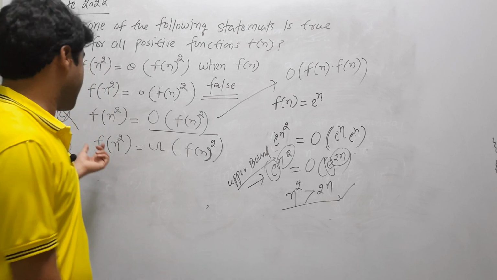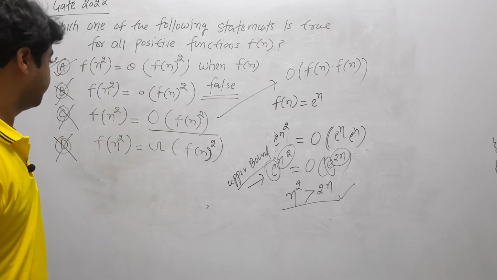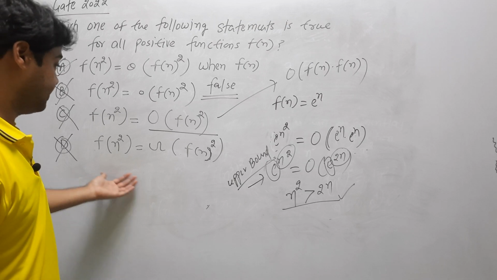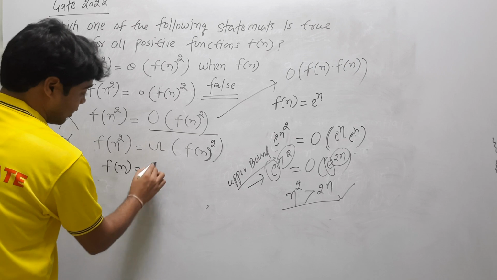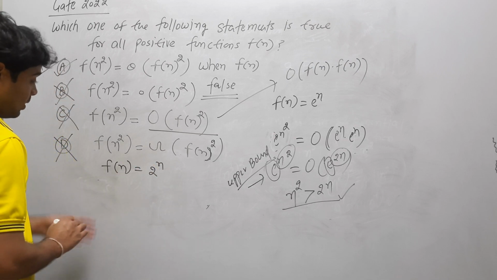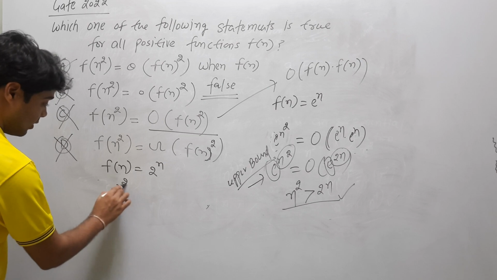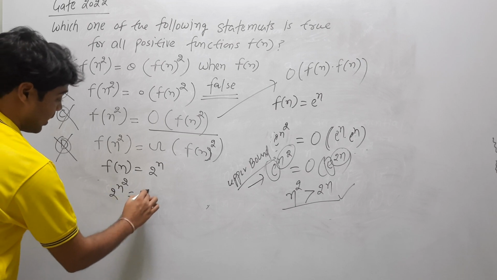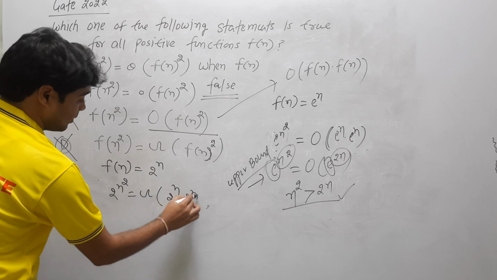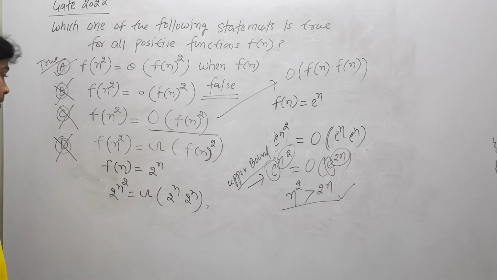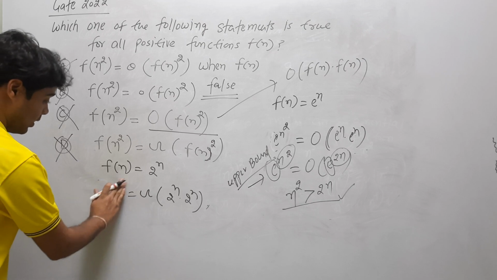If you take f of n as 2 raised to power n here, then definitely it gives a wrong answer for option D. Then it gives 2 raised to power n square, and omega of 2 raised to power n into 2 raised to power n. So 2 raised to power n square here, this becomes 2 raised to power 2n.